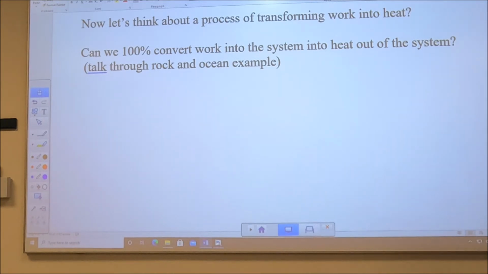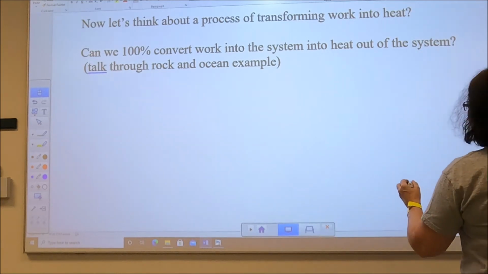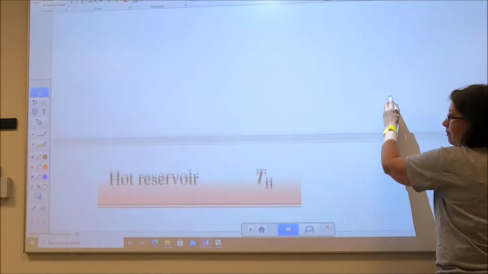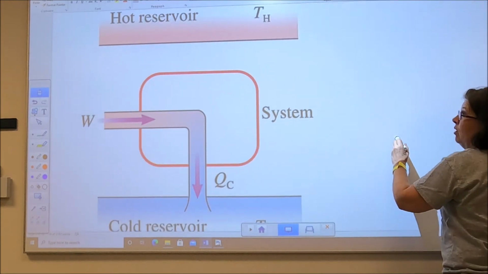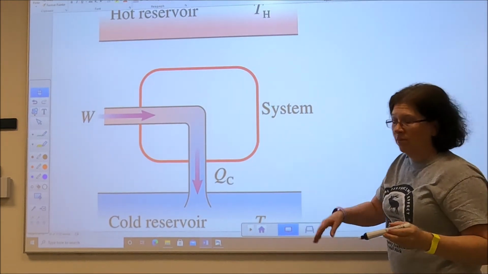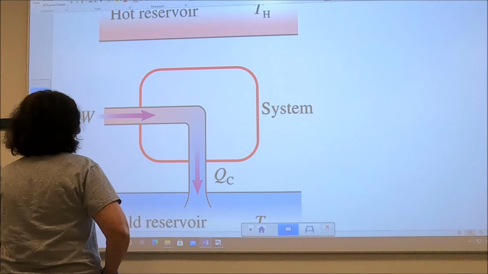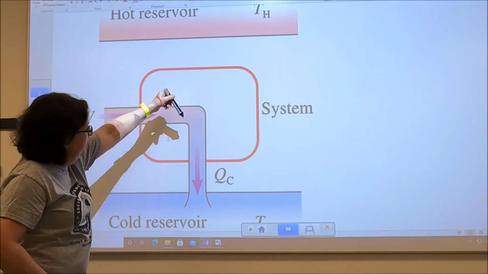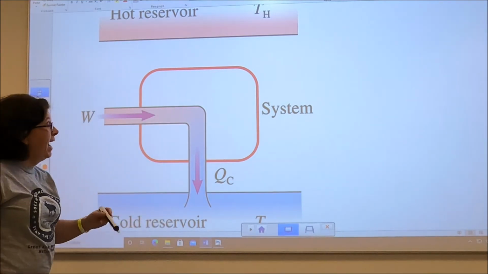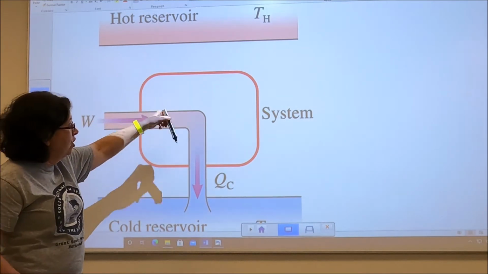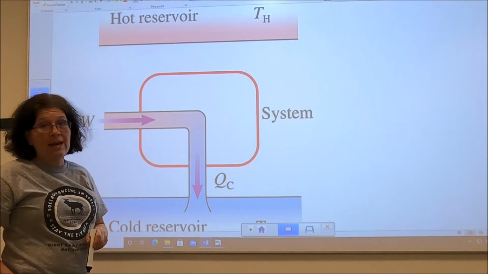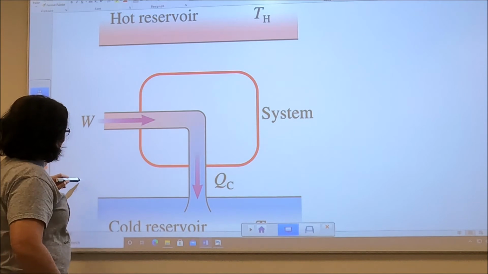So if I were to take a rock, let's say, and rub two rocks together and dump it into the ocean, and then pick the rocks back up and rub them together and dump them into the ocean and keep repeating it, we would have an energy diagram that looks like this. Work in, heat out. You can 100% take work and convert it into heat. It's possible.